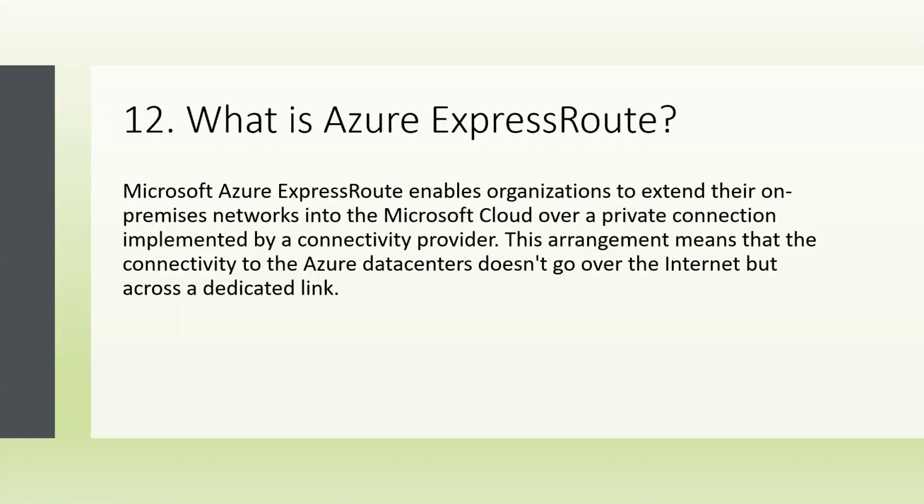Microsoft Azure ExpressRoute enables organizations to extend their on-premises networks into the Microsoft cloud over private connections implemented by a connectivity provider. This arrangement means that the connectivity to the Azure data centers doesn't go over the internet, but across a dedicated link.